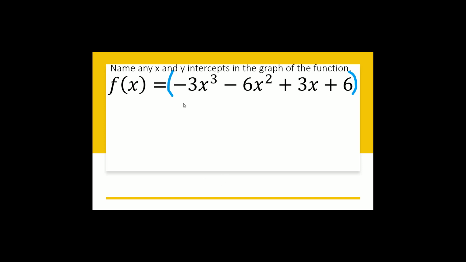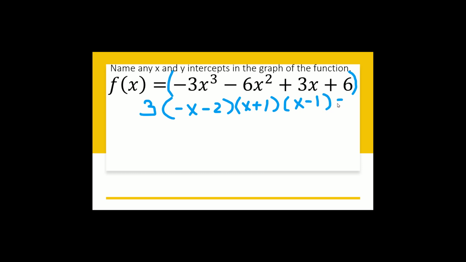But I start by factoring out a 3, and then I'll factor the rest into negative x minus 2 times, I think the tricky part's going to be factoring, times x plus 1 times x minus 1.